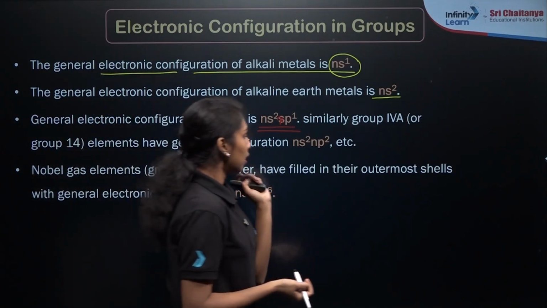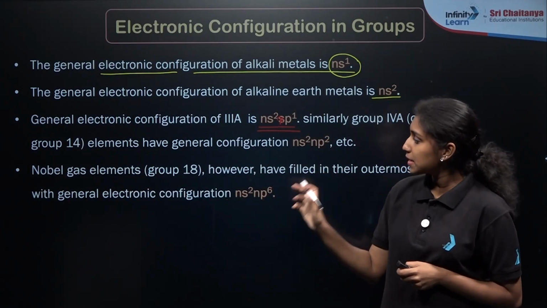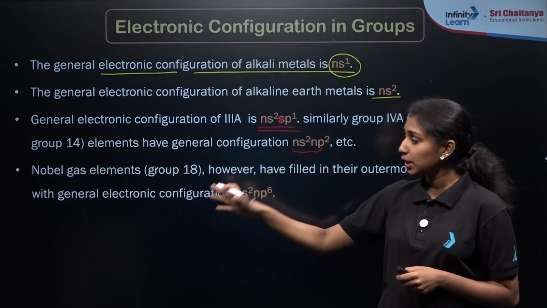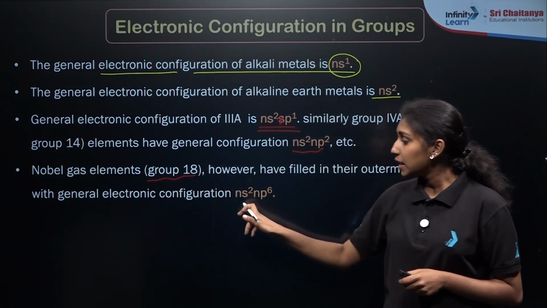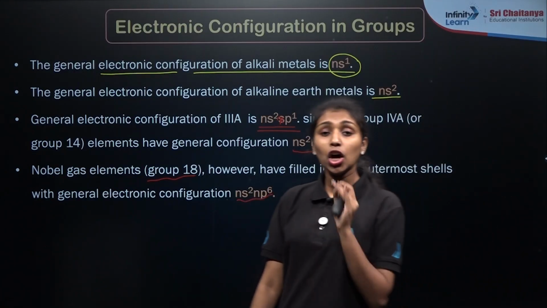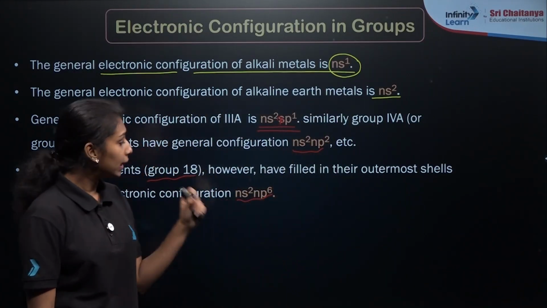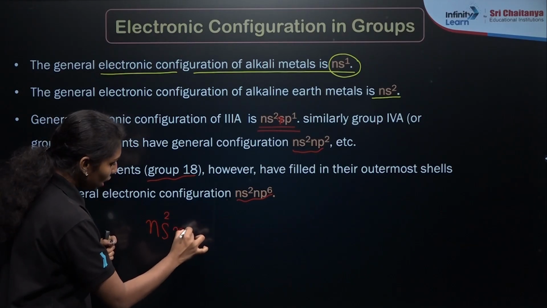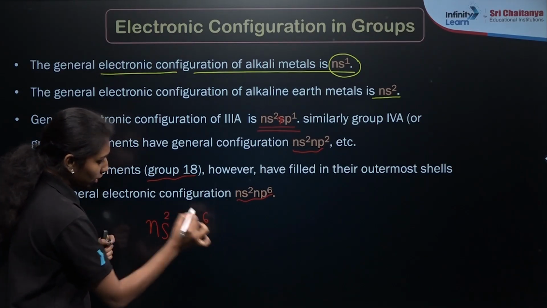Similarly, for the group 14 elements, it will be ns2 np2. Then for the last group, group 18, it will be ns2 np6. In general, from group 13 to 18, the electronic configuration is ns2 np1 to 6. Clear?